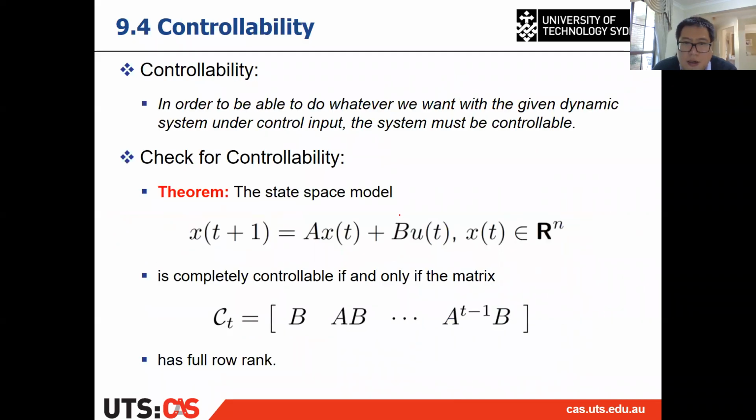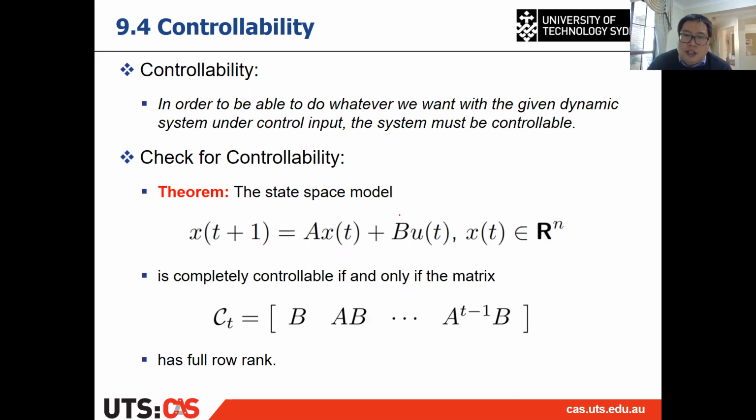All right, and then we also introduced the controllability, right? So if you find your linear discrete time system is not stable, and you want to use state feedback control to make it stable, then the first thing is you need to identify the controllability.